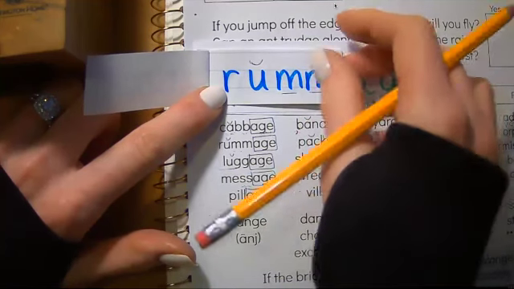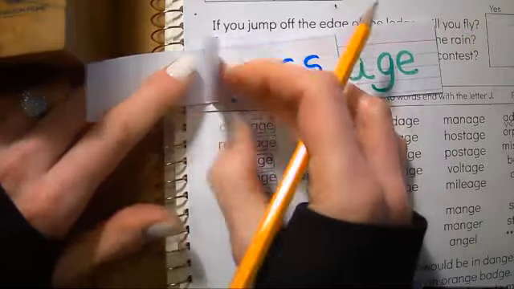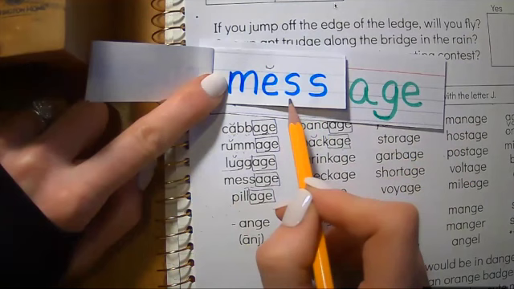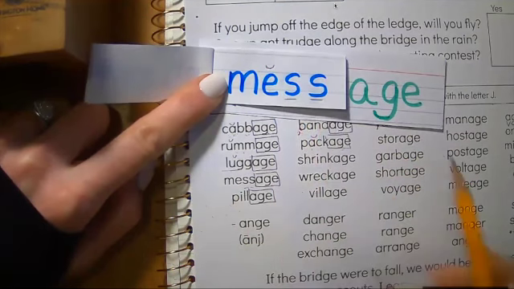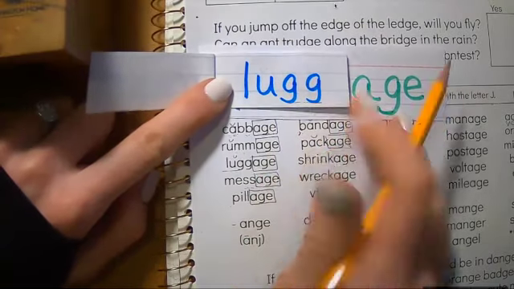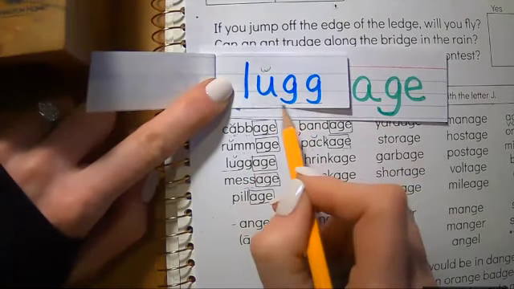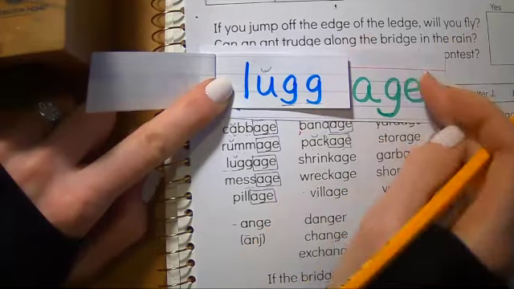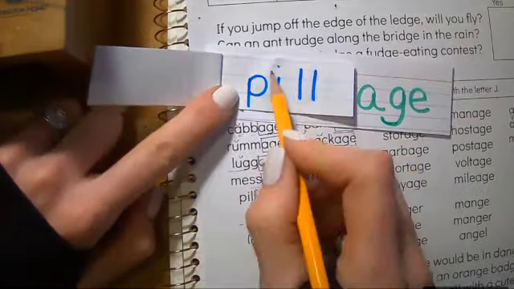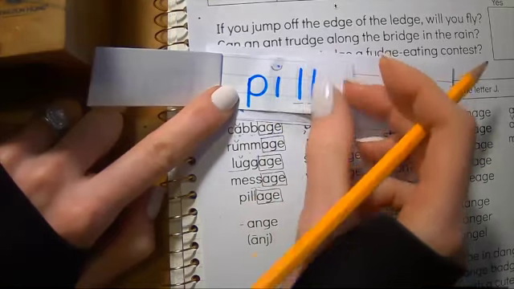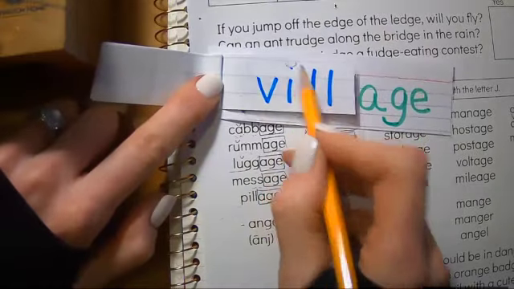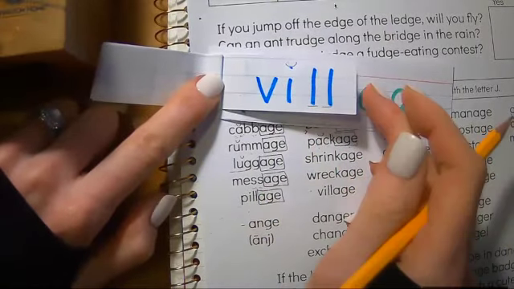And let's just go through and mark. Message. The E is short, double consonant, AGE. Luggage. The U is short, double consonant before the AGE. Pillage, same thing. See a pattern here. Village, short vowel, double consonant.